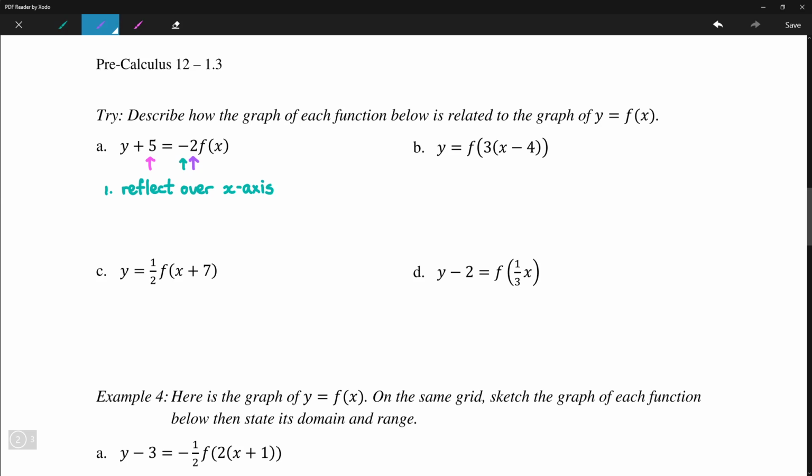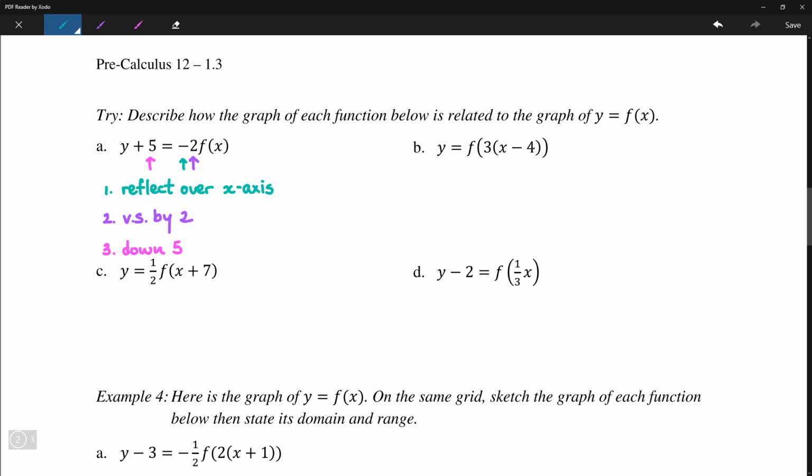Next up is the 2. The 2 is a vertical stretch by 2. And the tricky +5 on the left-hand side of the function, y + 5, if we move it to the right-hand side, that will be -5, so this is down 5 spaces. Okay.